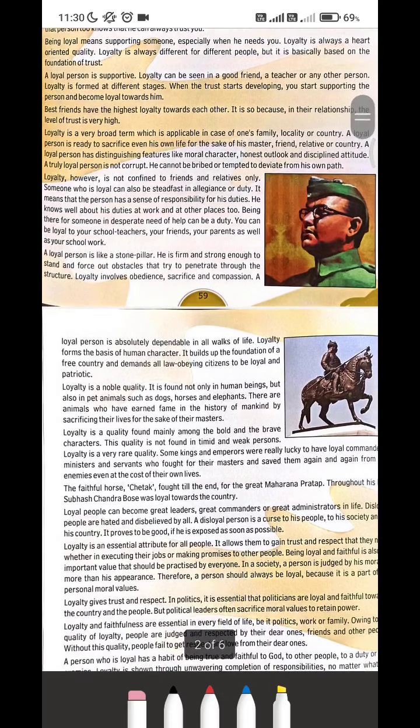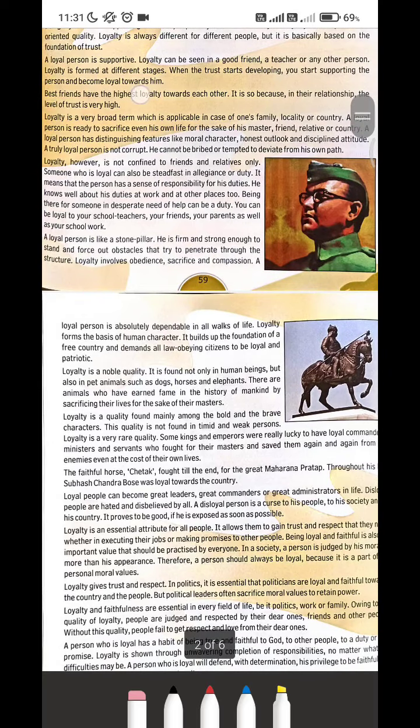Well, students, you will support your friend only when you trust your friend. Unless you trust that the person is going to stay there for you, you are not going to help him or support him or become loyal towards him. So trust is the main factor that decides whether one person can become loyal towards another one or not.